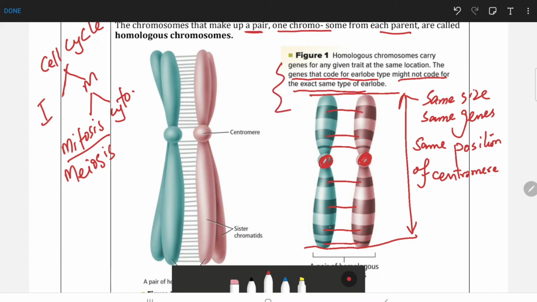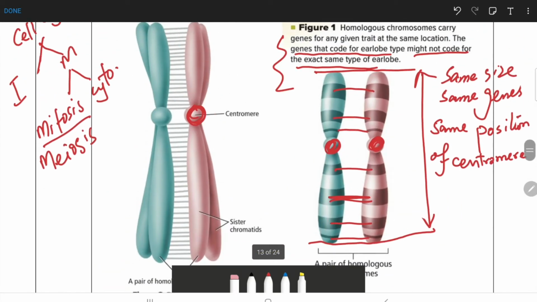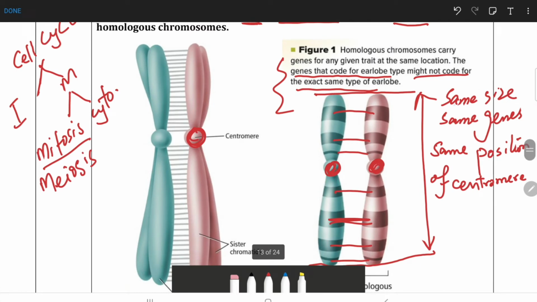So not always, both genes may not code the same. This is very important to understand. This is the chromosome. We did the labeling before. This is the centromere. These are the sister chromatids, and this is a pair of homologous chromosomes. So basically, homologous chromosomes have the same genes, the same size, and the same position of the centromere.